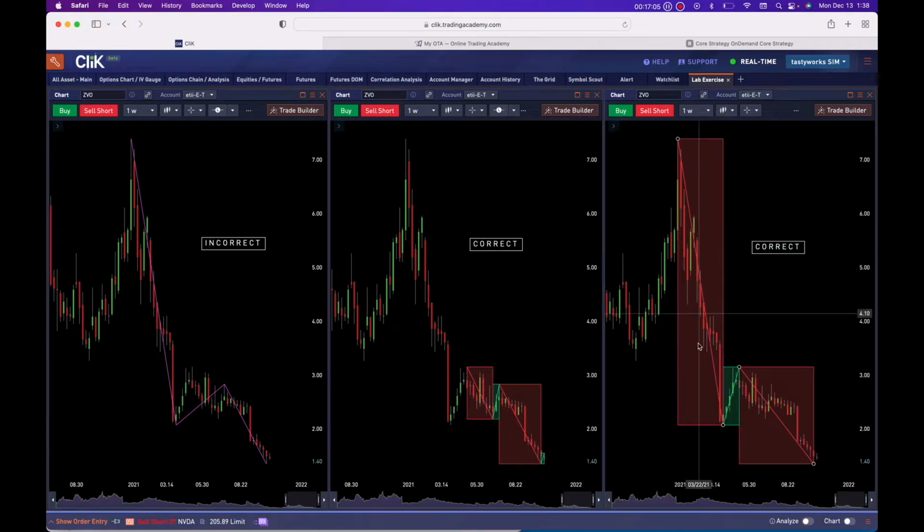And then if you thought this one was correct, that is also correct, because again, downtrends are identified by lower highs and lower lows. So you have a high, you have a low, you have a lower high, and then you have a lower low. And that's the same thing that you have over here.